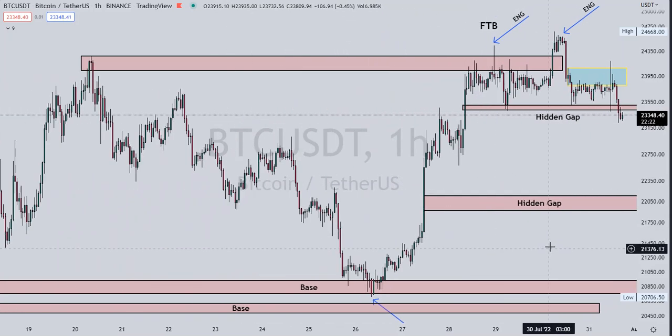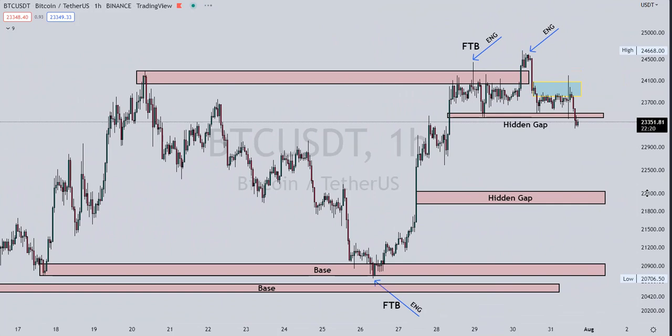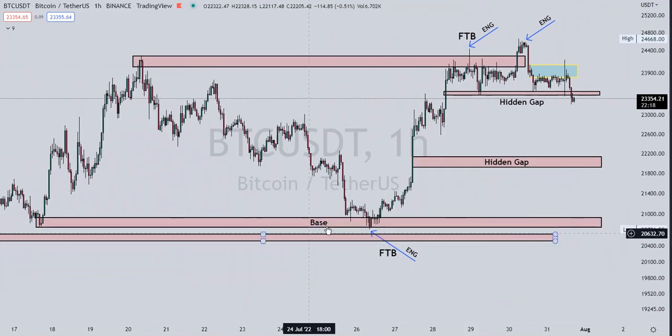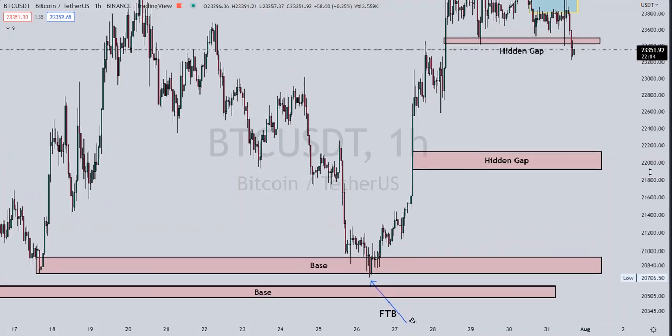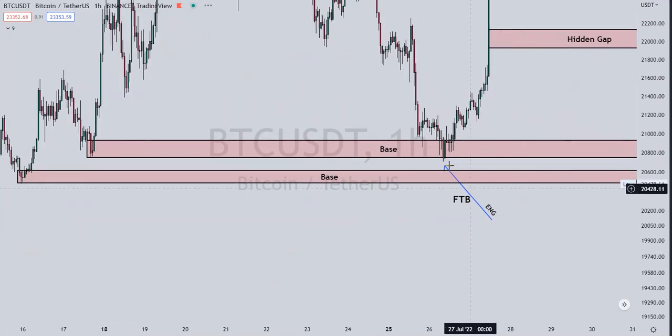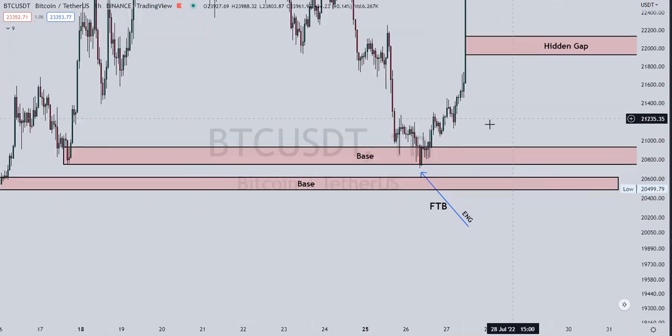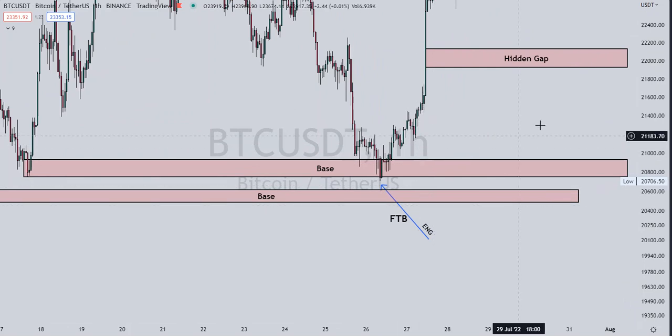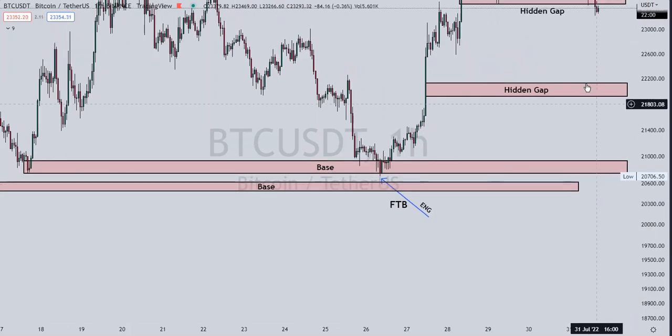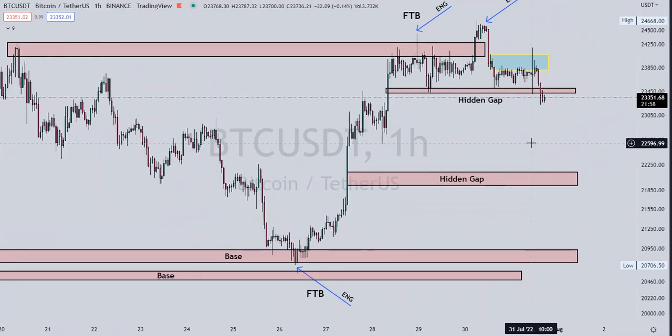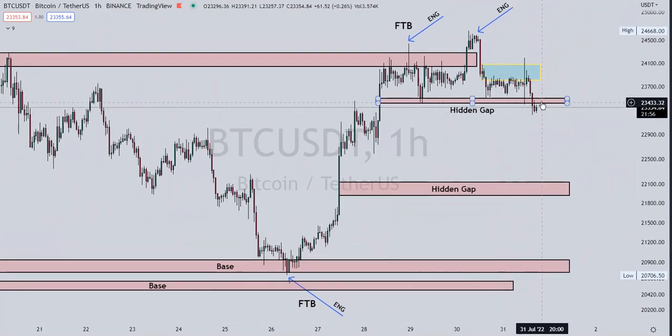But I believe finally the price will drop to this support area here. And also I believe that this support area, which was here, showed an engulf here. And this time I think these two support areas cannot hold the price, but let's see. Let's wait and see how the price will react.